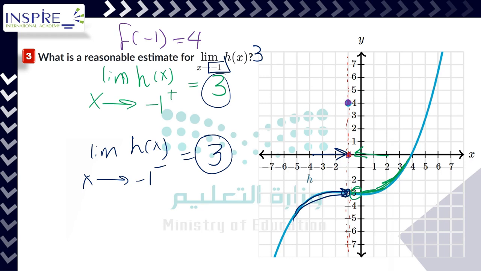We have a gap here, or a hole here. But when we're speaking about the limit, we are not speaking about this point exactly. We're speaking about the closest points to this one, the behavior of the function as it approaches -1. So about the limit, it should be 3.